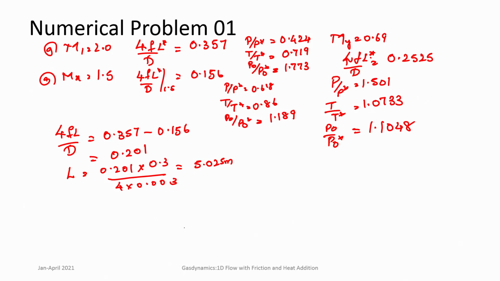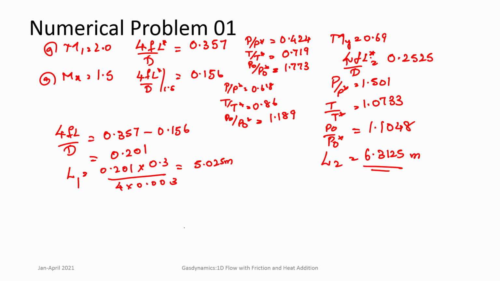Downstream it is directly L star, because the flow goes to Mach number 1 at the exit. So, this is L1, and L2 is 6.3125 meters. So, that solves the problem.